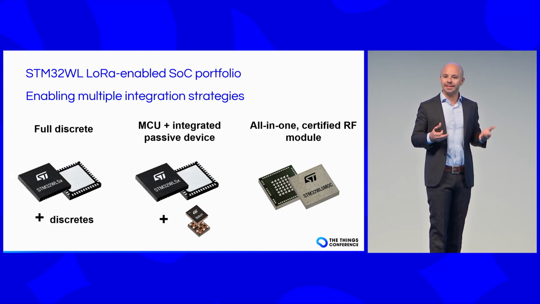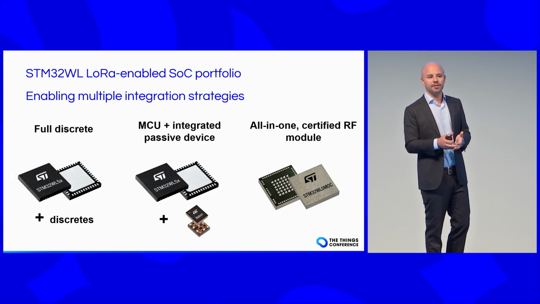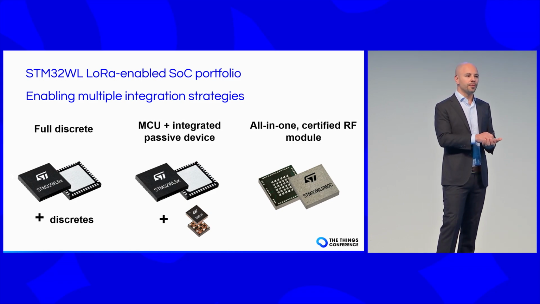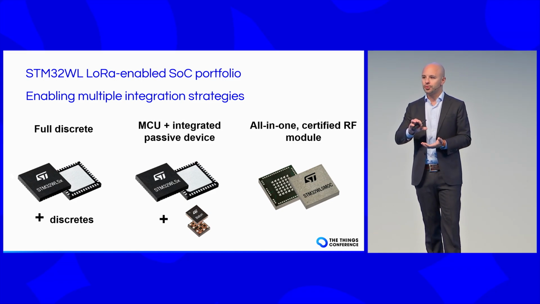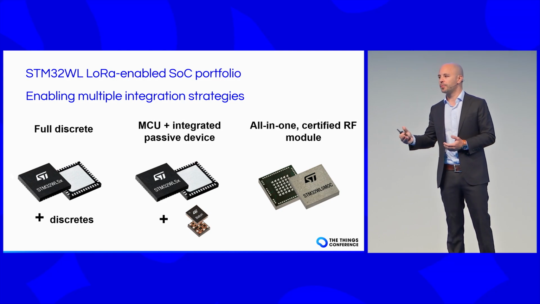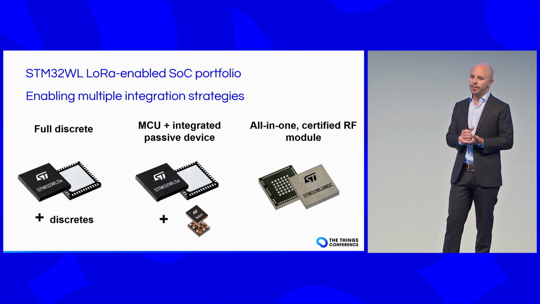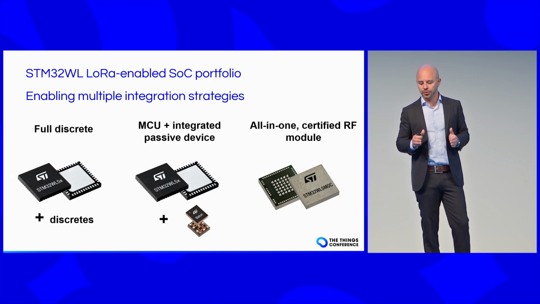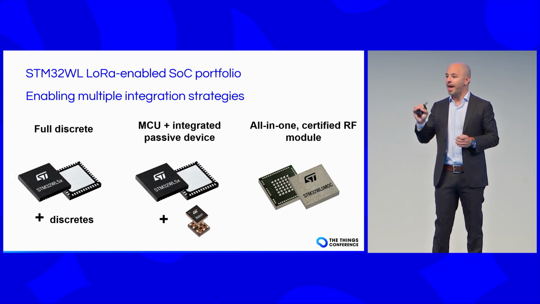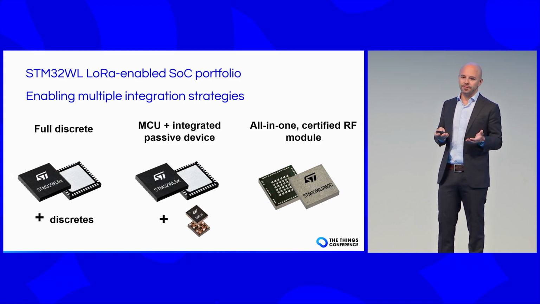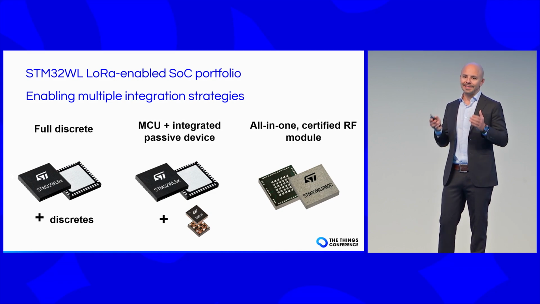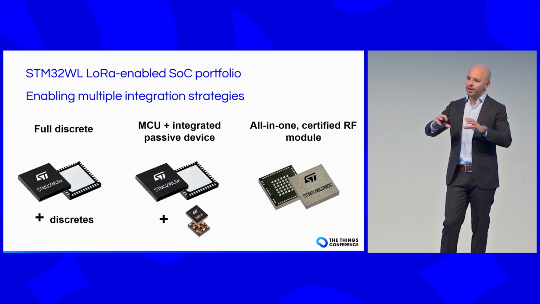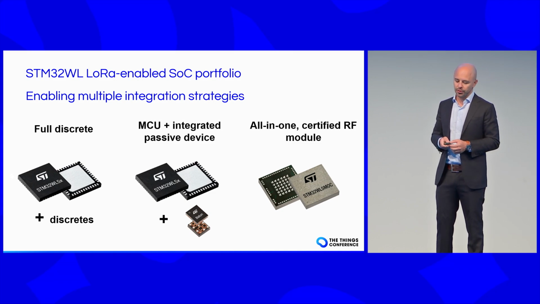We also have the STIPD, an integrated passive device with integrated balun that has been fine-tuned to achieve the best performance from the STM32WL. And recently, in January, we introduced a system-in-package module, the STM32WL5M, that is LoRaWAN certified and integrates the RF bill of material inside this product.